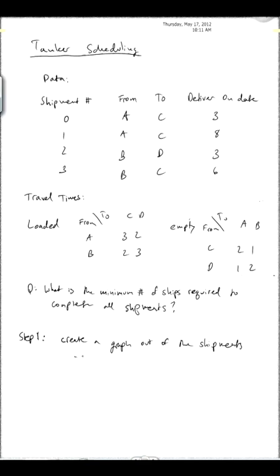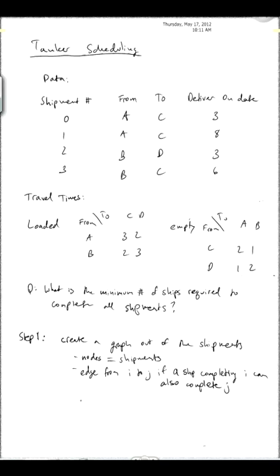So in particular, the nodes are going to be different shipments. And there's going to be an edge from I to J if a ship completing I can also complete J.